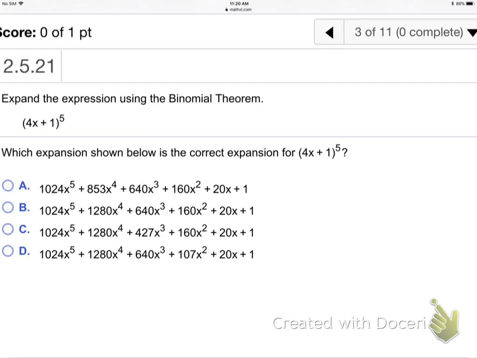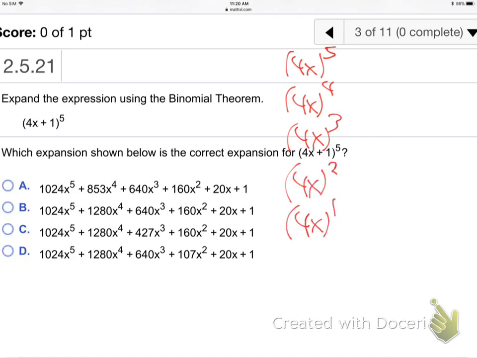Okay. So everybody with me, you take the 4x and you go to, what power do we start with? 5. Well, the other thing will start with 0. So 5, 4, 3, 2, 1, 0.